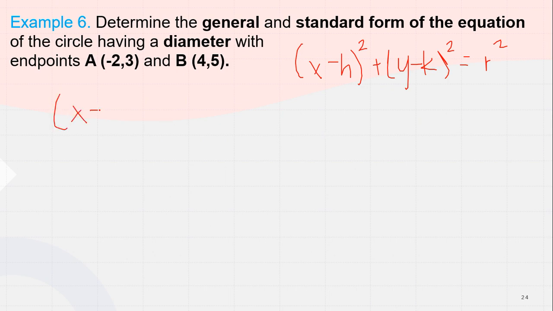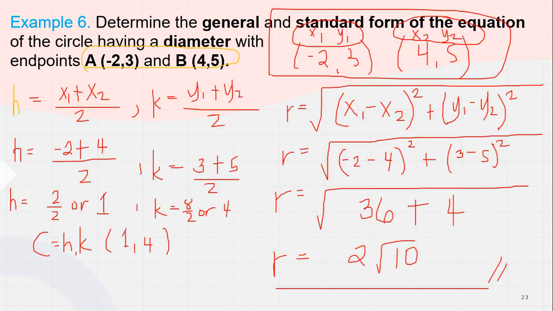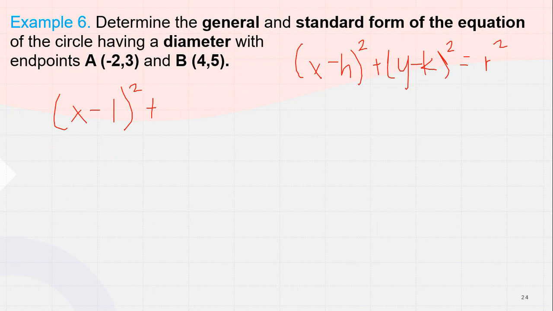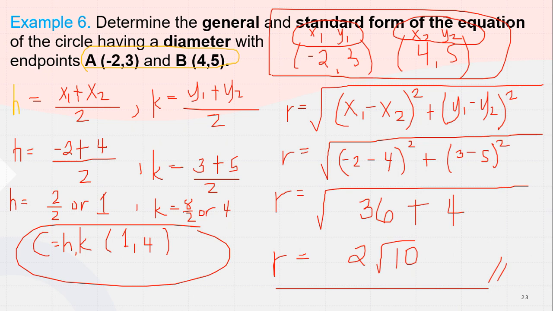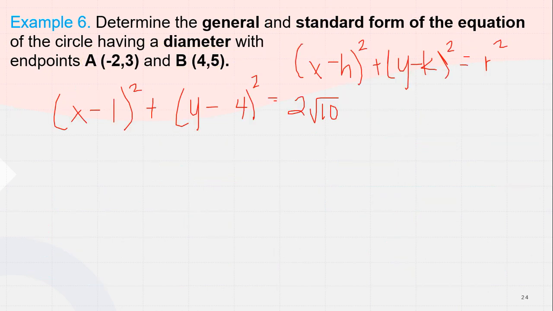Then, x minus, yung h natin doon is 1 squared plus, sir, paano naging 1 yun? You know, yan, yung center is 1/4. Next is y minus 4 squared is equal to 2 square root of 10. Yan. So, meron tayong 2 square root of 10 tapos square. Square natin.